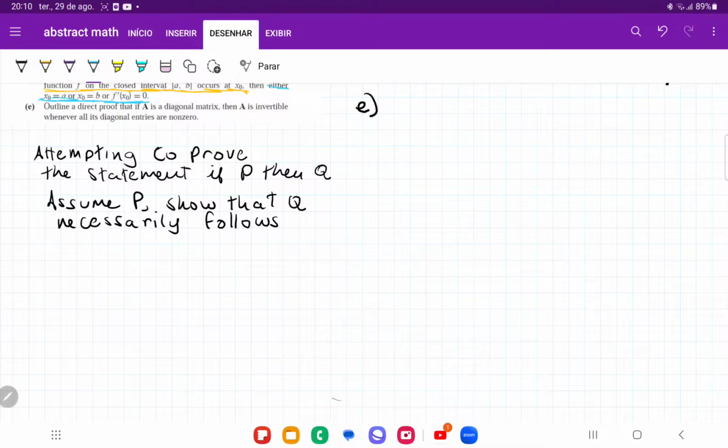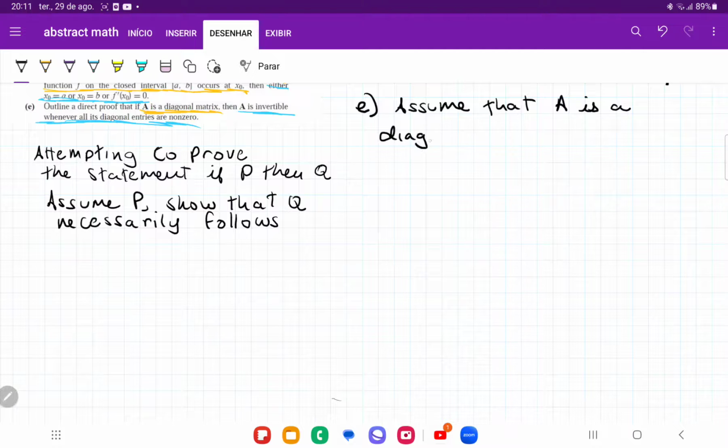Outline a direct proof that if A is a diagonal matrix, so that's our hypothesis. Actually, I've color-coded this wrong. Our hypothesis is in yellow. Then the conclusion is that A is invertible whenever its diagonal entries are non-zero. So once more, we're assuming the hypothesis and showing that the conclusion necessarily follows. So we're going to assume that A is a diagonal matrix.